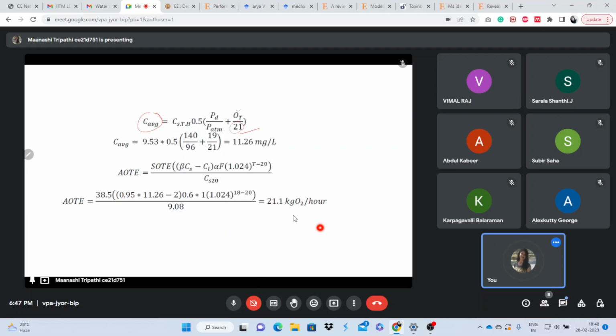So this is the formula. Please go through it properly, and if you have any doubt, you just tell me. We'll see it. Please go through this properly.